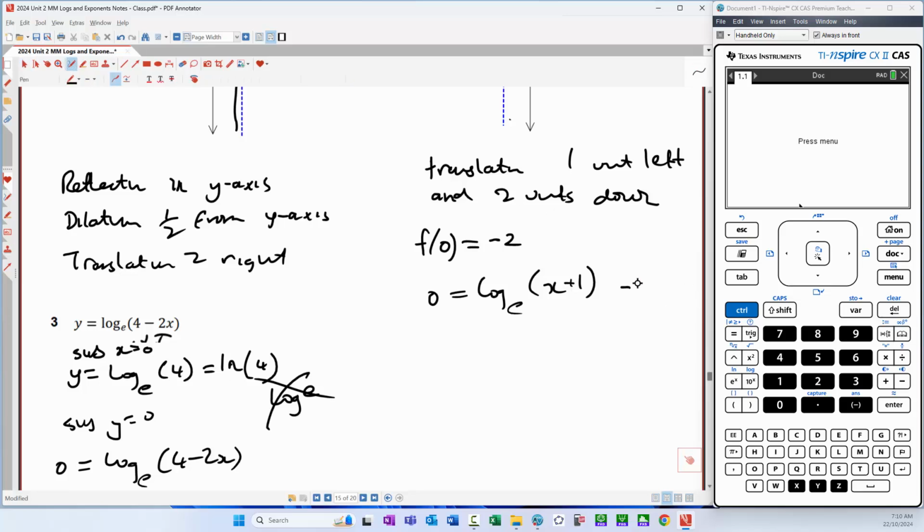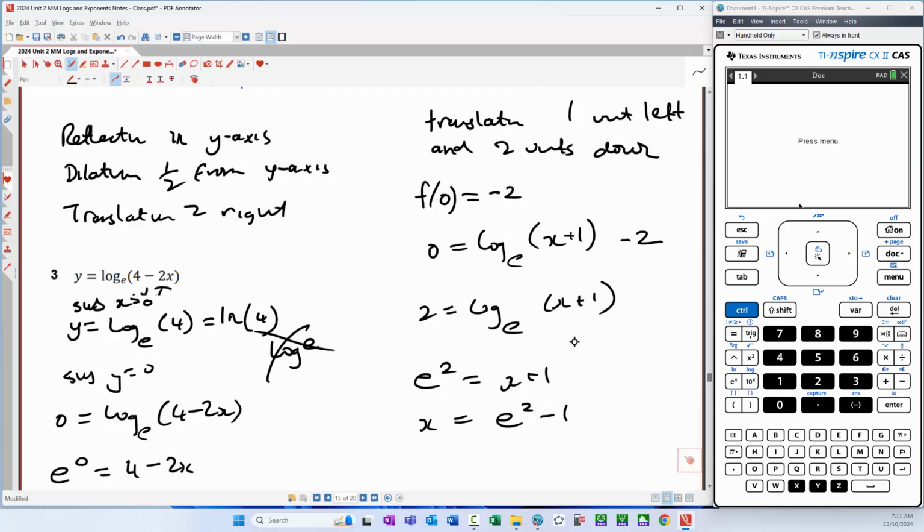Okay, 2 equals log e (x plus 1). e to the 2 equals x plus 1, going into exponential form. x equals e to the 2, take away 1.